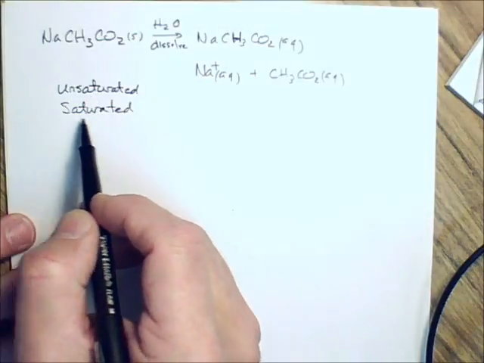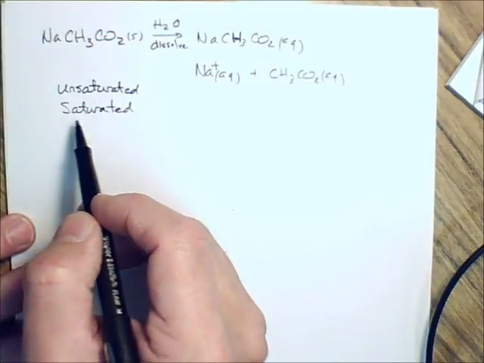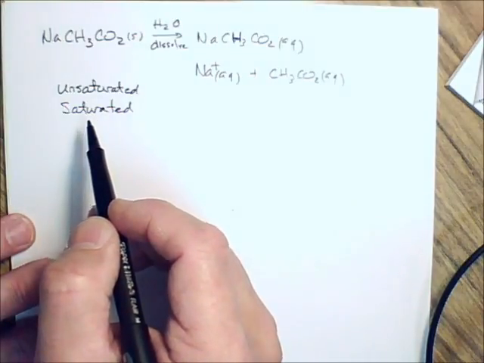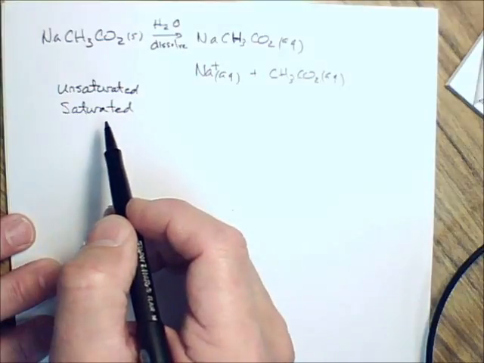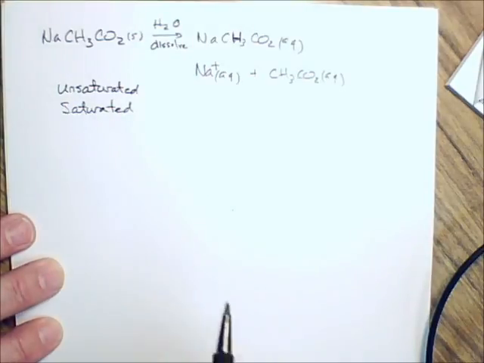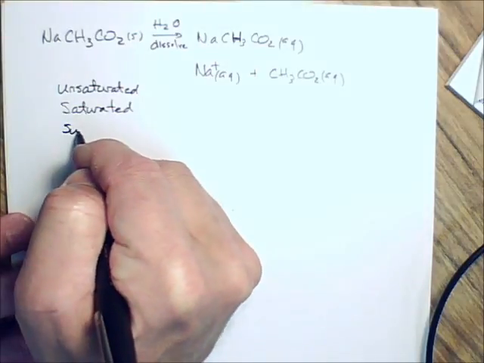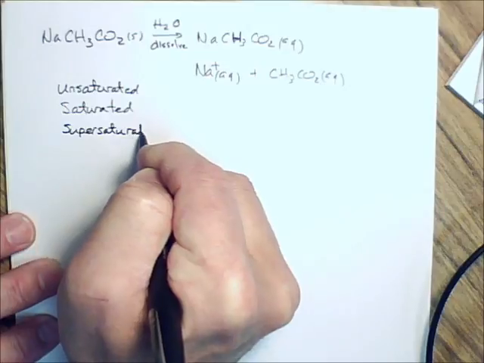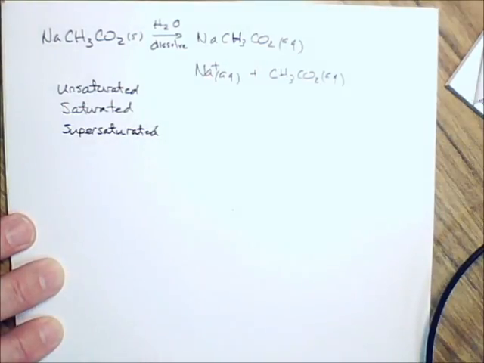A saturated solution is one where you can no longer dissolve any more of the solute into the solvent or solution. But what we did with the demonstration with sodium acetate is we supersaturated it.